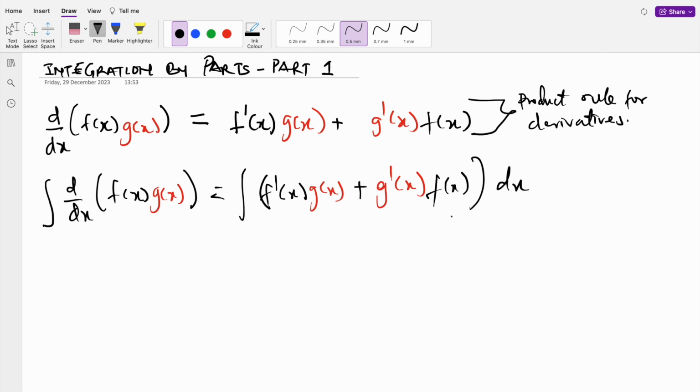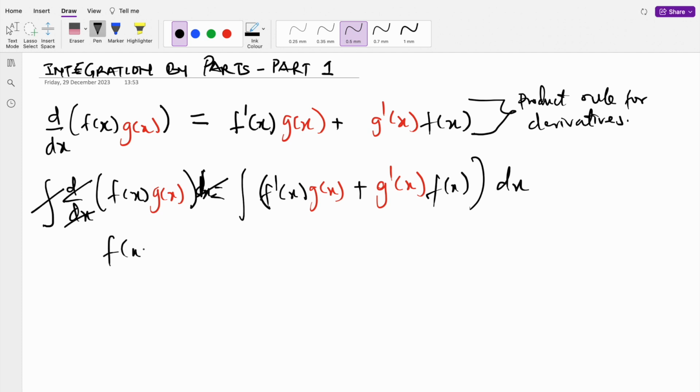Now, this is the formulation. The dx is here, so the integral and the derivative cancel out.